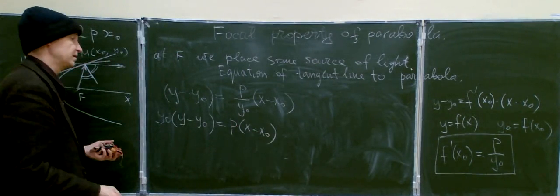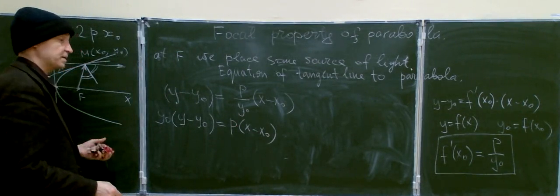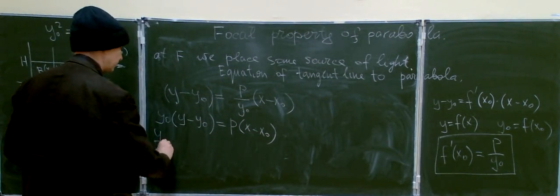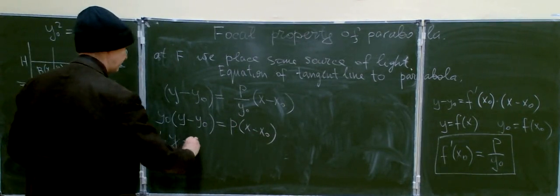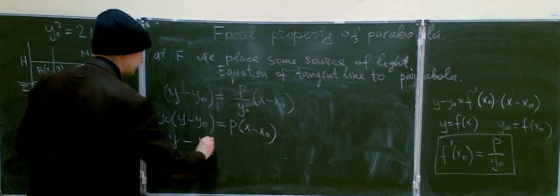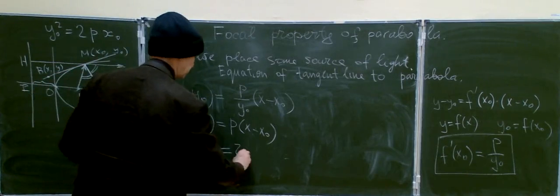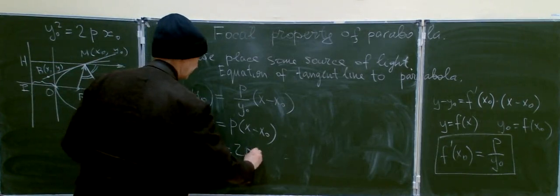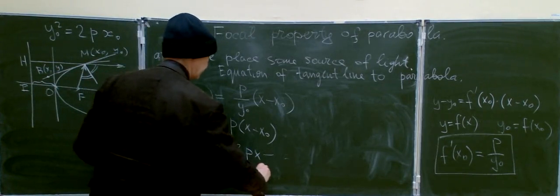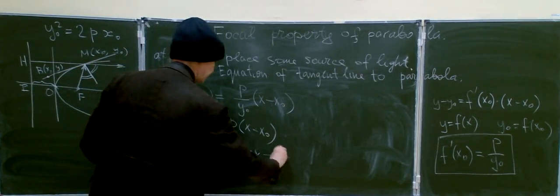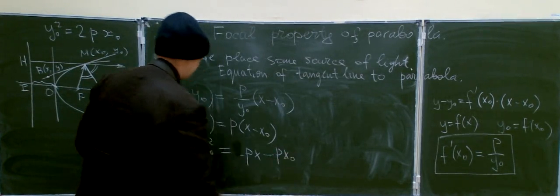Now let's expand both sides of this equality. We get y sub 0 multiplied by y minus y sub 0 squared is equal to px minus px sub 0.